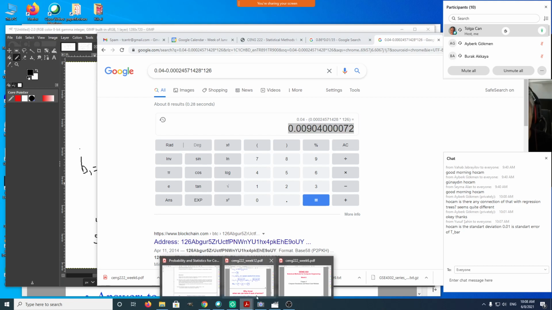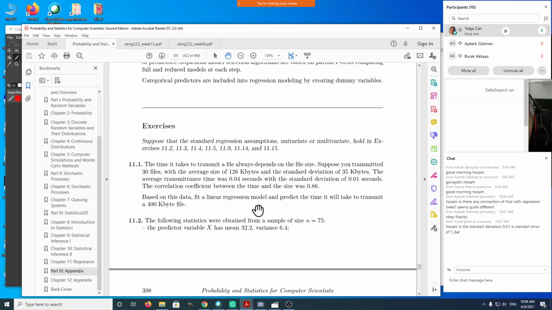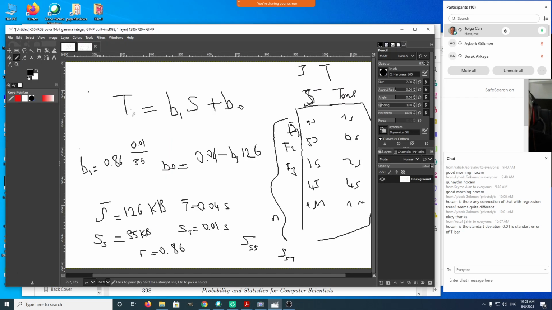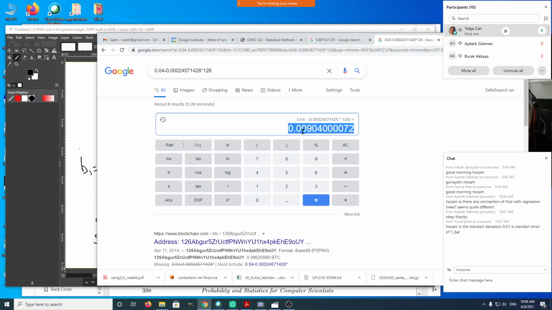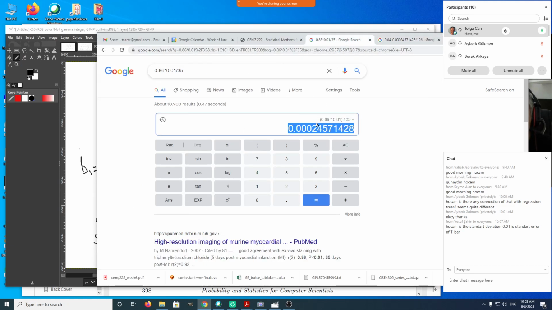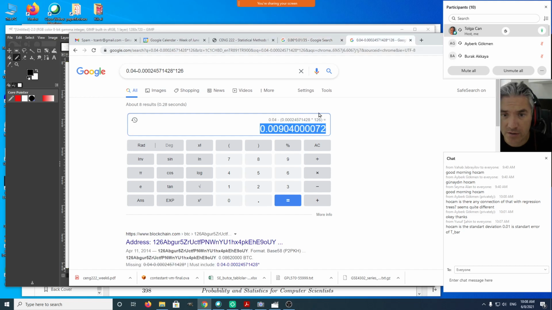So my equation, so what are we asked here? What are we trying to predict? If we have a 400 kilobytes file, what will be the predicted transmission time? So what we are going to do is, here I computed, this is B0, this is B1. So I'm going to multiply this with 4. Oh, sorry, I didn't. So this is this B0? Yeah, this is actually B0.